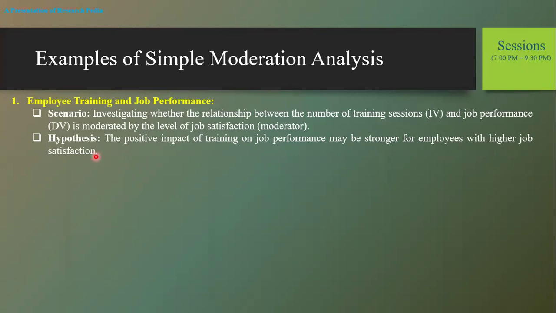It means you are considering a positive moderating impact of job satisfaction. Those employees who have a higher level of job satisfaction may have a more positive or stronger impact of training on job performance as compared to those who have a lower level of job satisfaction. So this type of study requires moderation analysis.